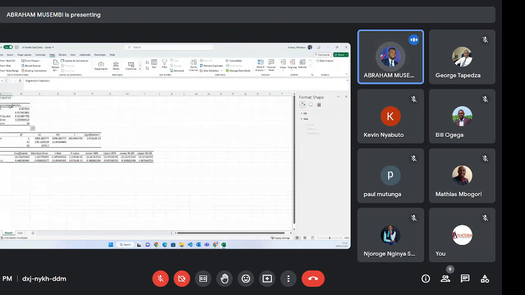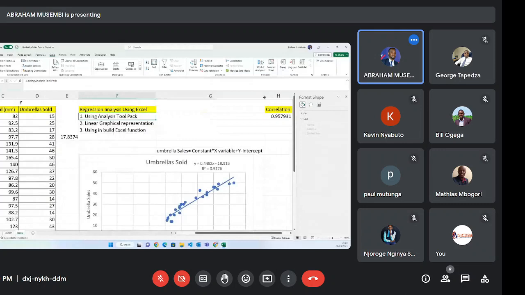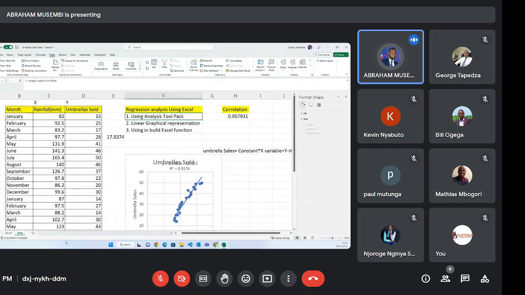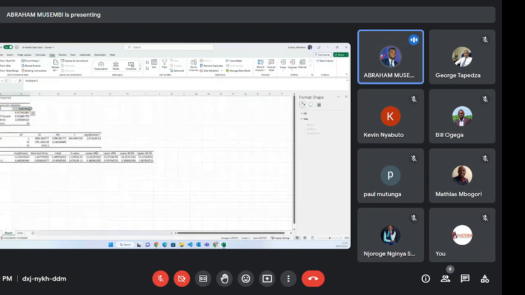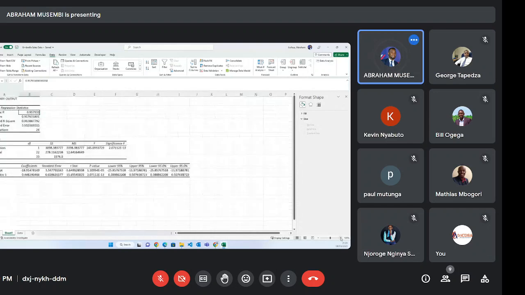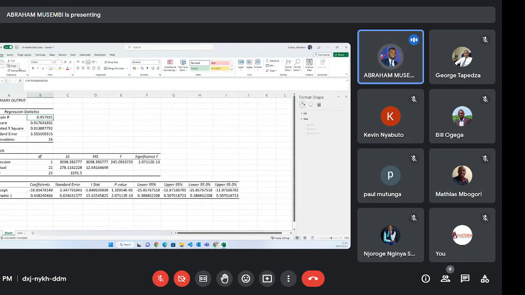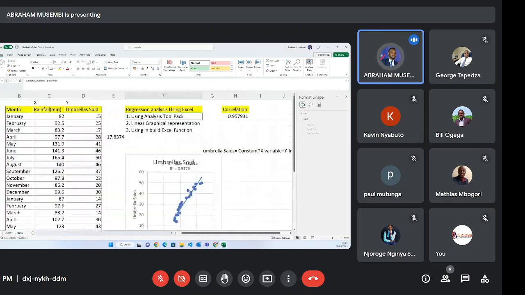Good. So let's start with the multiple R. From our calculations previously, what do you think multiple R is? You can just cross check this value. Let me just enlarge this. This is our multiple R, and here we have our data.